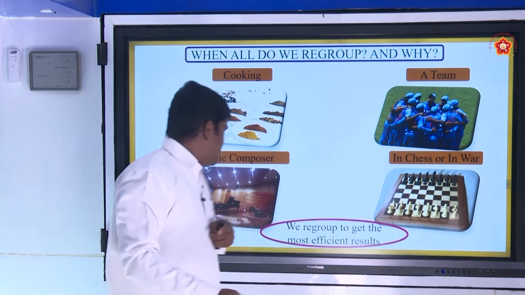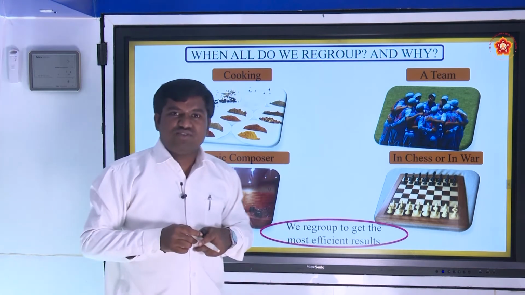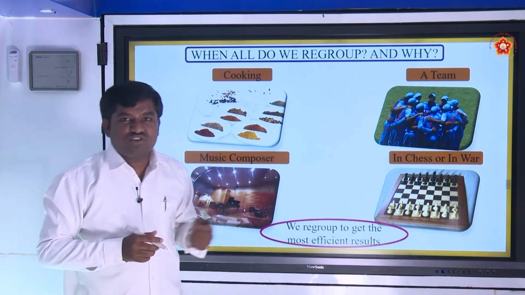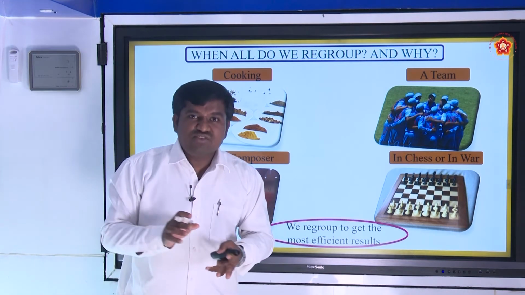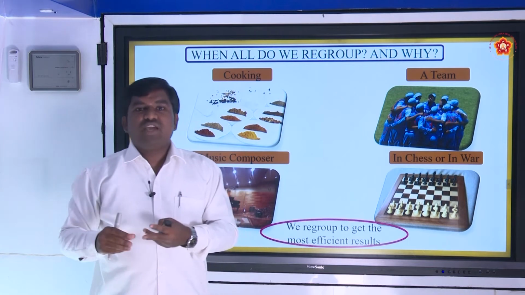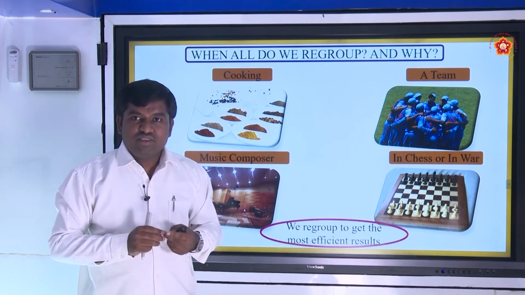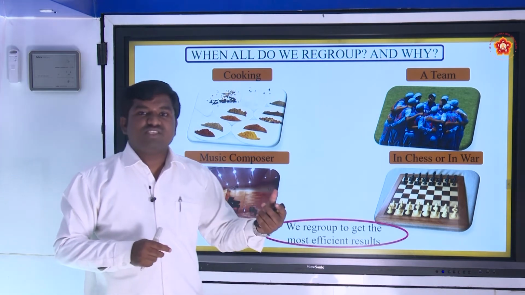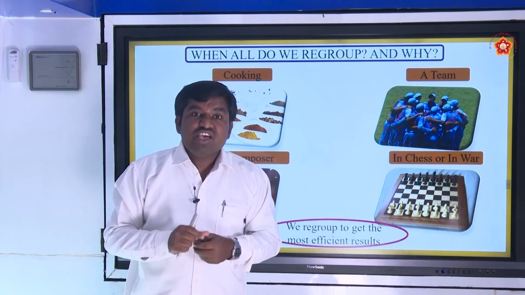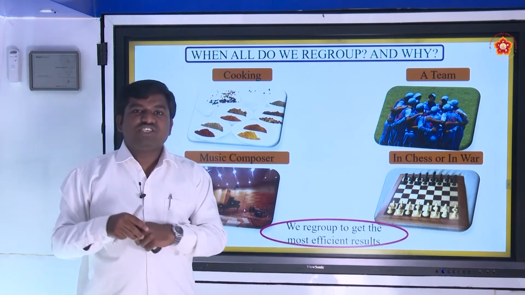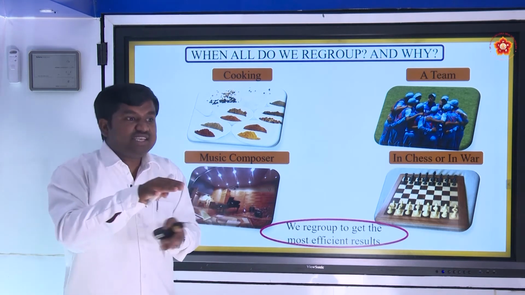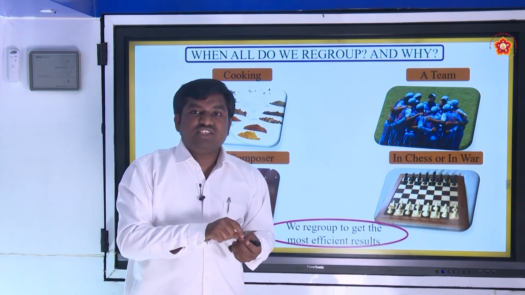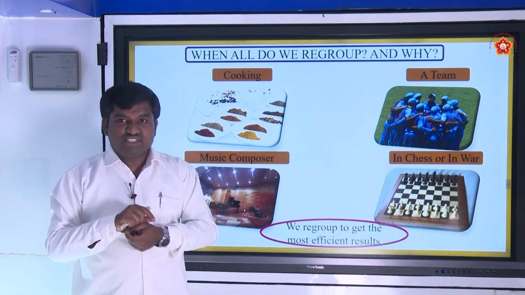In the music composer also. What does the music composer do? Simple. In one song, he uses some guitar and piano to make the song. For another song, he may use drums and kanjara. He uses different kinds of instruments to get different music. He is regrouping the instruments to get beautiful music.